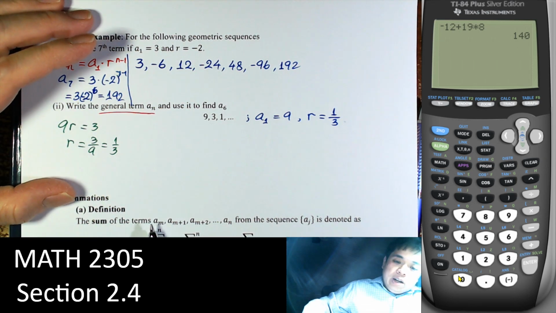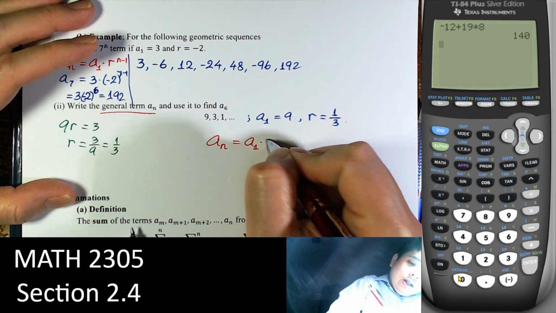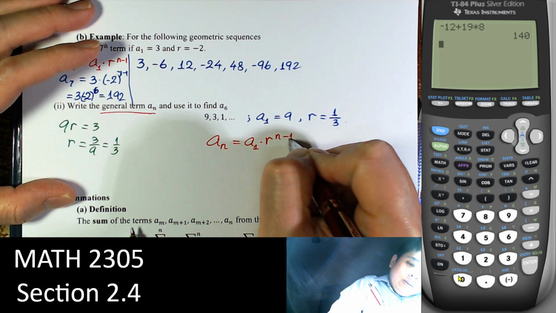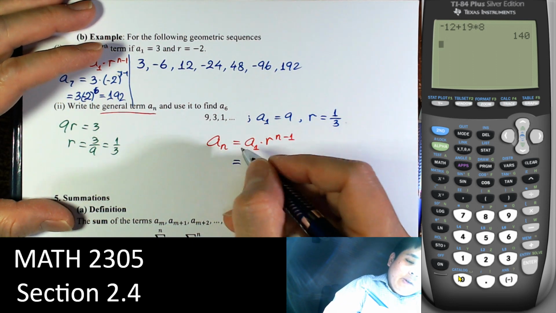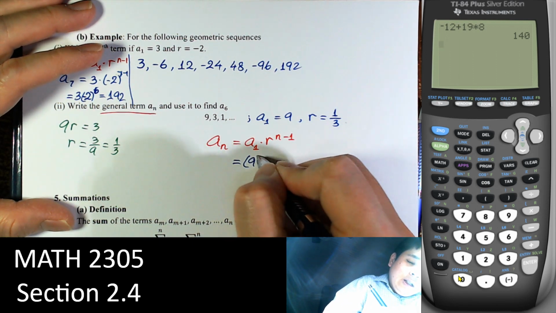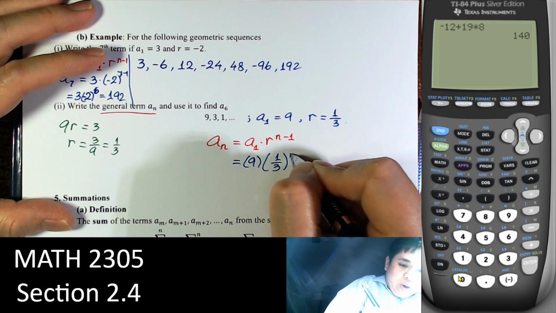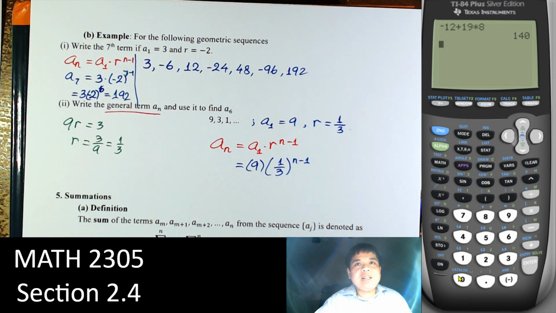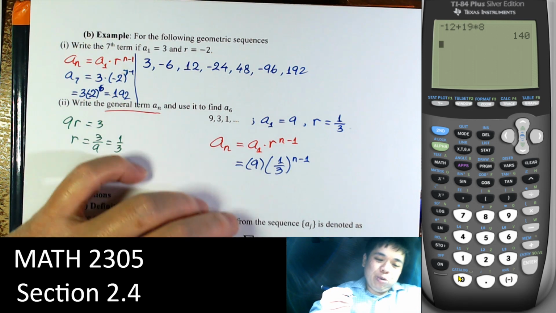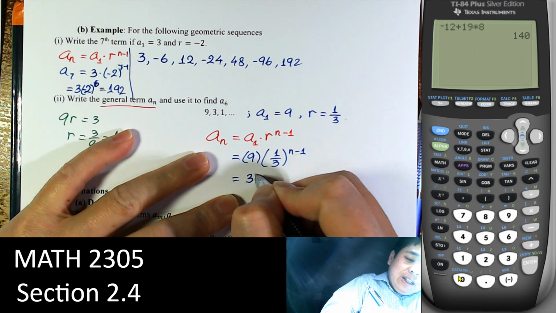With that, we can put in the formula a sub n equal to a1 times r to the n minus 1. Start from the first term, which is 9. The ratio is 1 over 3 to the n minus 1. Right, of course we can stop there, but let's just review some properties of exponents. 9 is 3 squared, right?